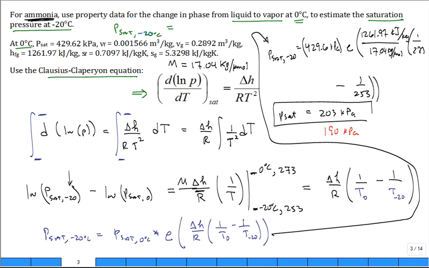Absolutely. And if you tried to figure out a better delta H, it'd be a lot better, you know, temperature dependent properties. But it's just to show an example of property relations and how to extrapolate.